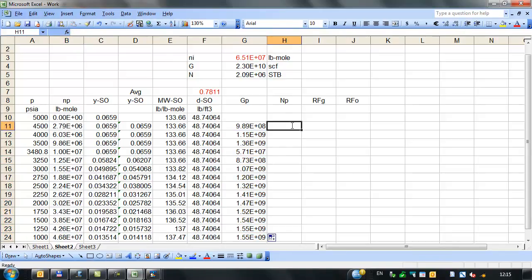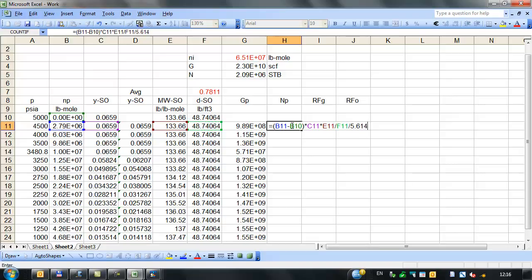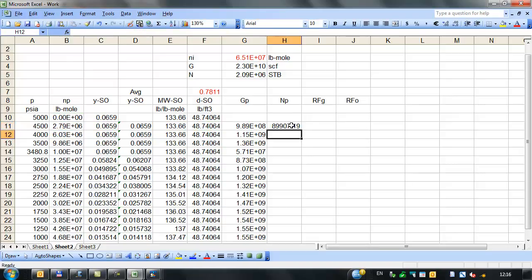Okay, and then we've got the same thing. Moles times the mole fraction that becomes surface oil times molecular weight divided by density divided by 5.6146, something like that.